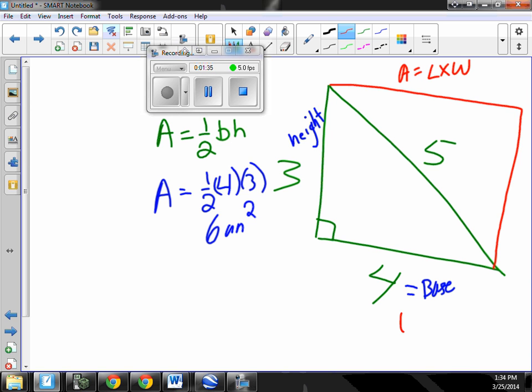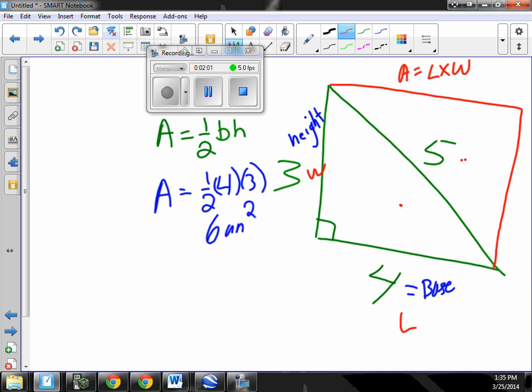So this would be length and this would be width. And you'll notice that these two triangles are exactly the same. How do we know they're exactly the same? We can prove it really easily. It has something to do with the right angle. Anybody see a way to prove that those two triangles are the same?